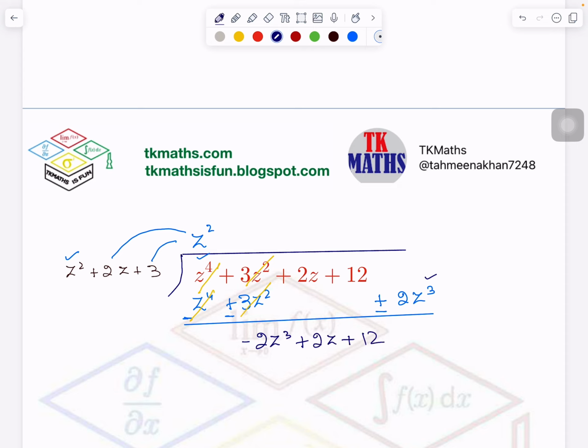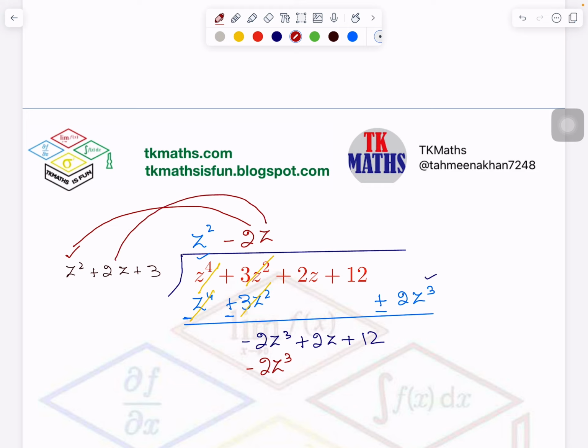Now I have to multiply z square by a number so that I can get minus 2z cube. So what will I multiply z square by? Minus 2z. So z square multiplied by minus 2z will give me minus 2z cube.